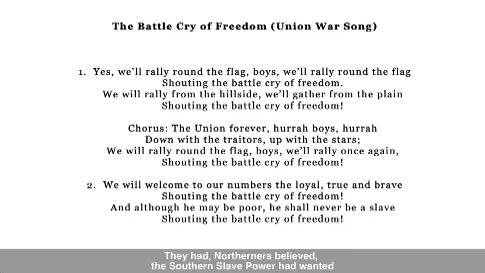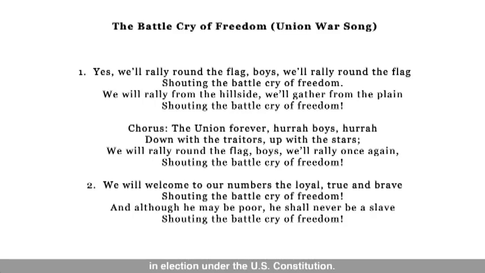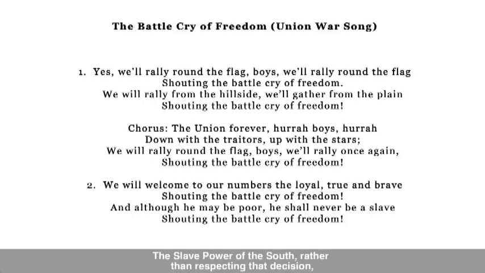Northerners believed the Southern slave power had wanted to use the U.S. government to permit and spread slavery everywhere, even into the free North. But the slave power had been defeated in election under the U.S. Constitution. But the evil slave power of the South, rather than respecting that decision, would rather rip up the Union and set the Constitution and National House on fire.